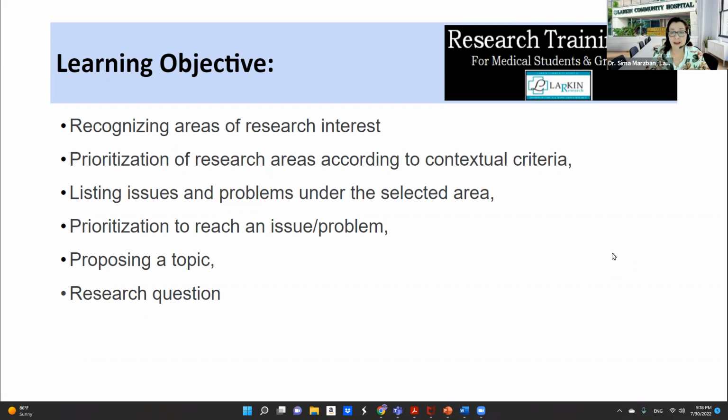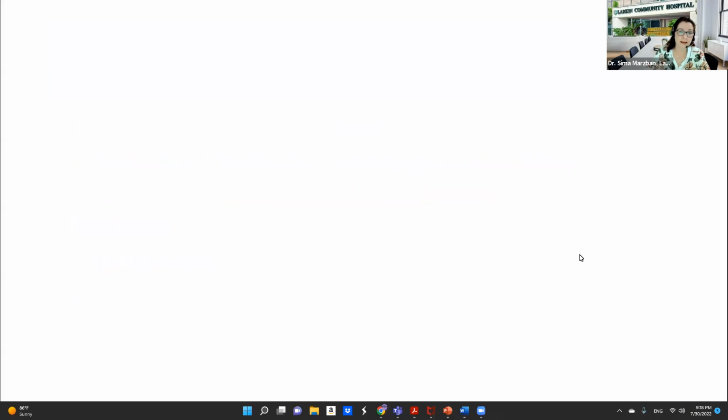So we will have an area of research, then issues and problems under the area of research, and a prioritization method to reach an issue and problem as your scholarly project topic or title, proposing a topic and research question development. So these are the learning objectives of our meeting today.